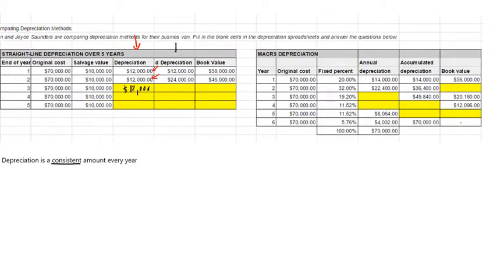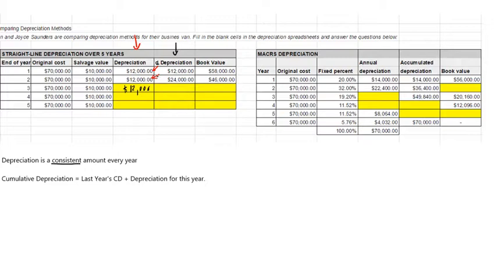The next column, it's written as D depreciation, and what they really mean is cumulative depreciation. So the running total. If we're losing $12,000 of value each year, what's our running total? So for example, in the first year, we lose $12,000 in value, so that's a total depreciation of $12,000.